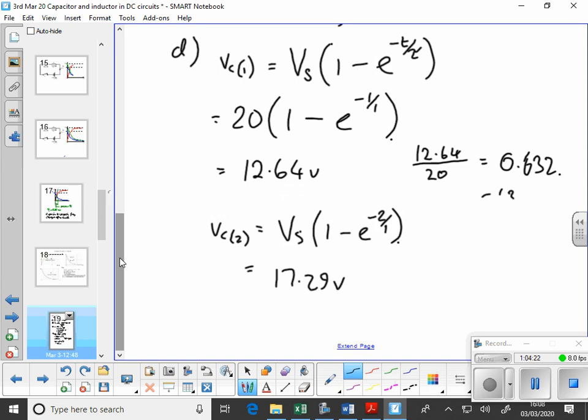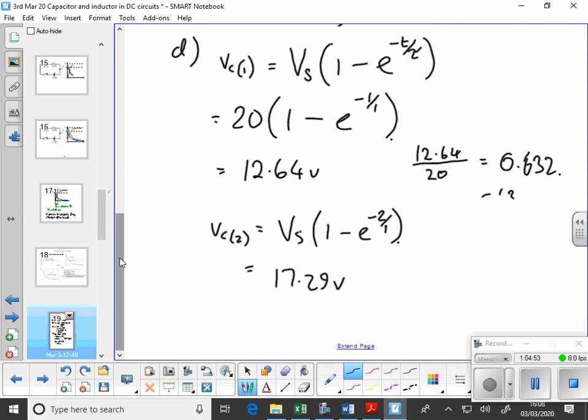If you put 10 volts on, that'd reach 6.32 volts after 1 time constant. And then that'd go another 63% towards the top after another time constant. There's the same ratio each time. So you can see that the rate of increase has gone down. We've gone 12 volts the first time, and then we've only gone another 5 volts after the second time constant.